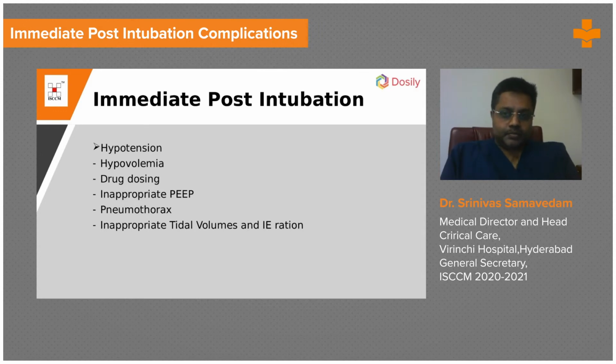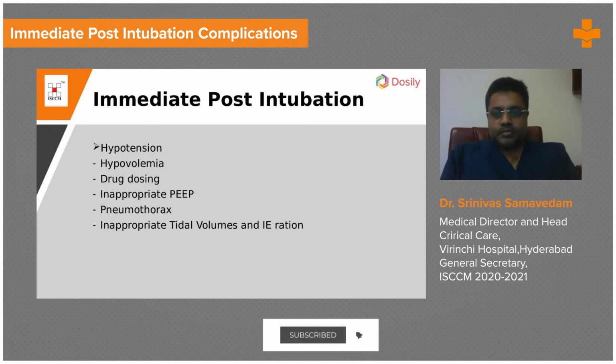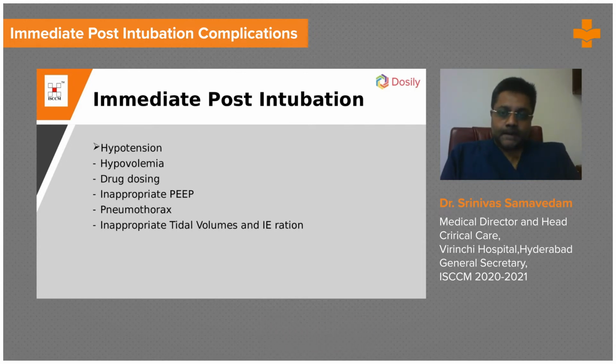We talked about inappropriate PEEP. An inappropriately low PEEP can cause hypoxemia, but an inappropriately high PEEP can produce hypotension by various mechanisms. The PEEP increases the intrathoracic pressure, which will decrease the venous return, which can reduce the right ventricular forward flow, which ultimately will result in a decreased left ventricular forward flow. But this effect of PEEP is accentuated by hypovolemia.